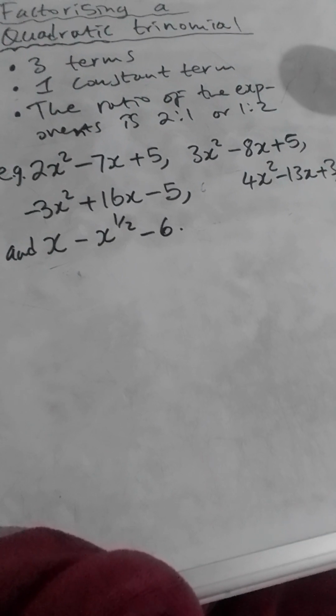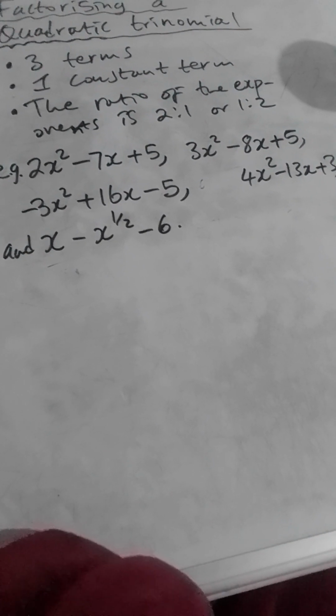And lastly, we have x minus x to the half minus 6. So how do we factorize a quadratic trinomial in grade 10? I'm just going to touch on how this differs from grade 8 and 9 for those who are teachers and are following our videos.